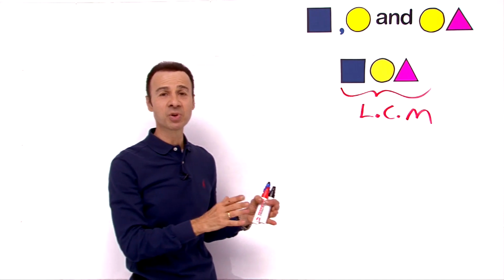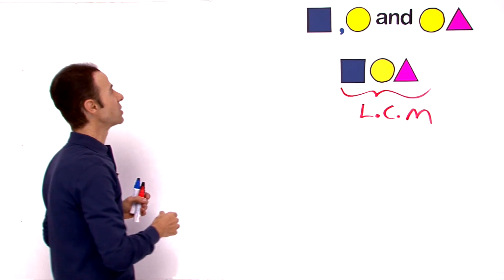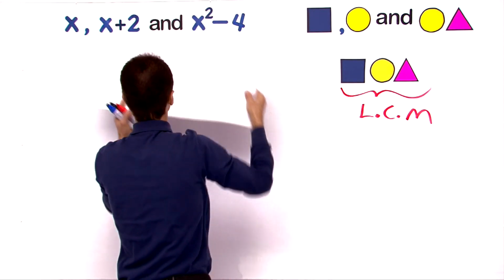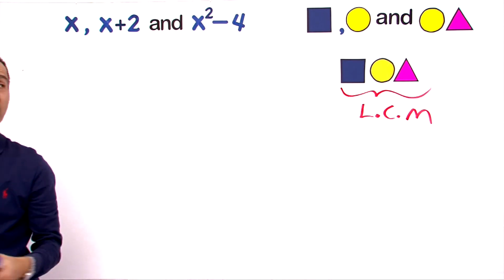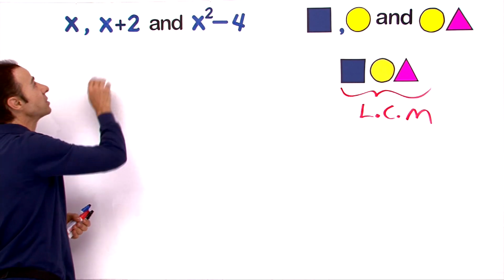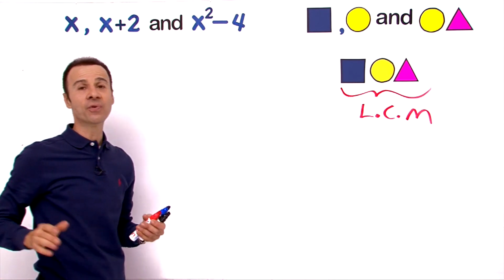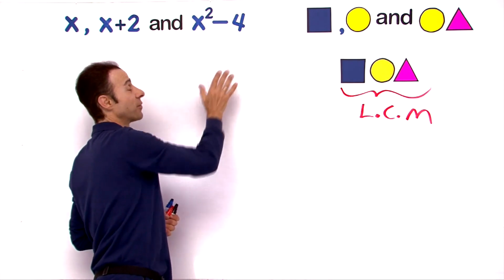We're going to take those principles and apply them right over here to a series of three expressions. So let me just expose them to you. Okay, there we go. Now you'll notice it's three expressions. We have the x and the x plus 2 and the x squared minus 4. Now the first thing I want to do is factor this, write it in factor form.